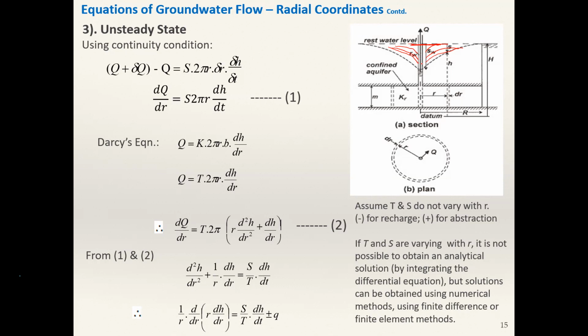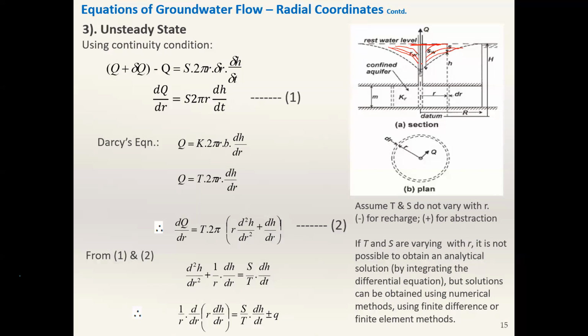So during the pumping test, we take these readings with time: how the piezometric head changes with time, or, if it is an unconfined aquifer, how the water level changes with time. So what I'm going to discuss now is how you derive an equation for this state. That is called the unsteady state. This is where your understanding about the aquifer properties is important.